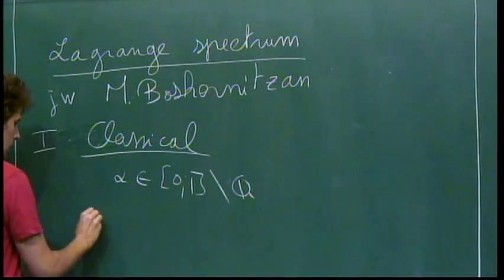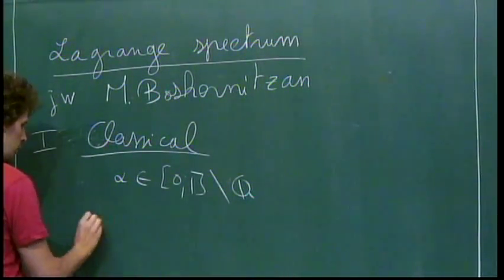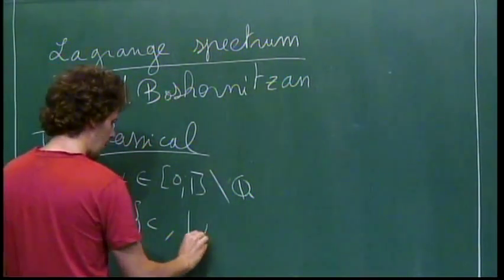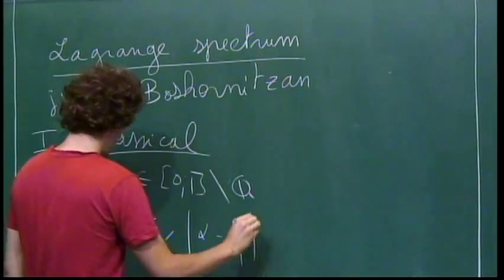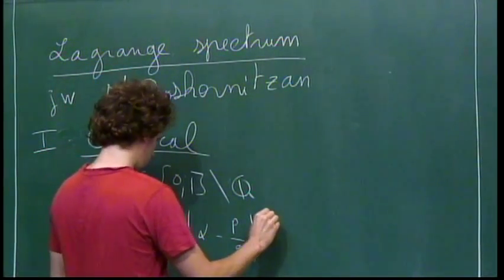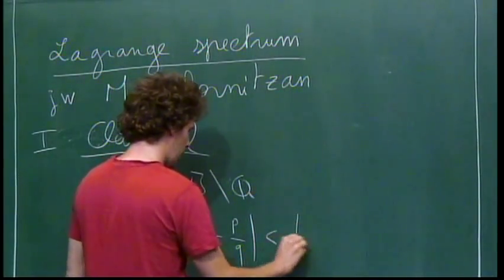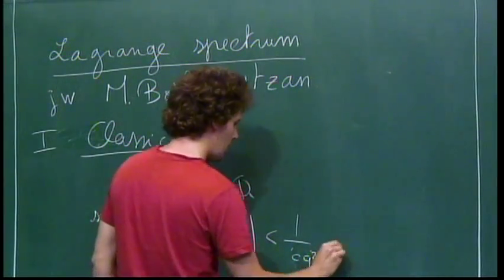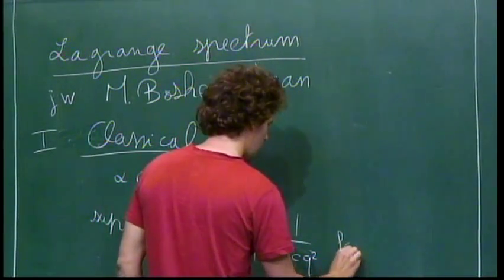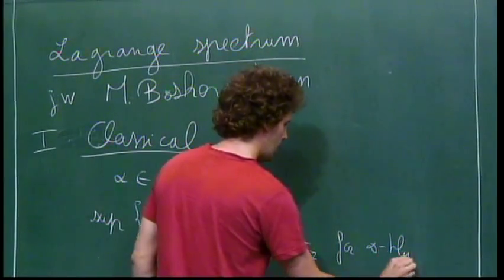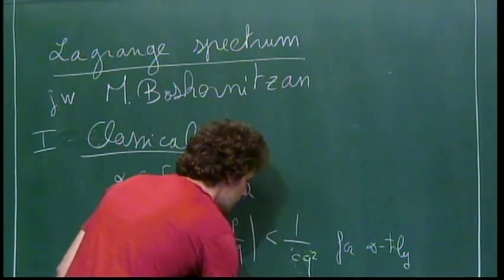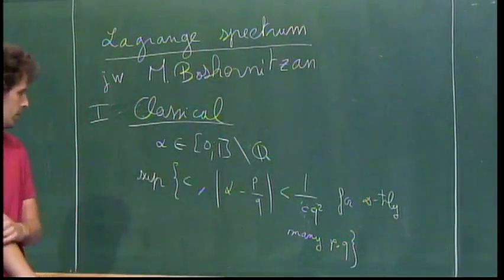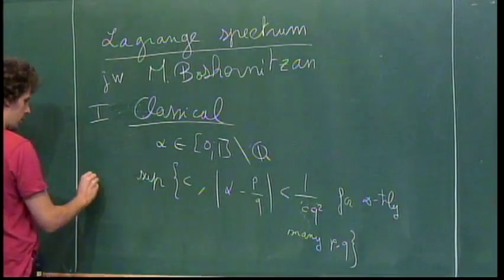You consider the supremum of the numbers C such that |alpha minus P over Q| is smaller than 1 over C Q squared for infinitely many P, Q. It's a measure of approximation. So let's call it L of alpha.